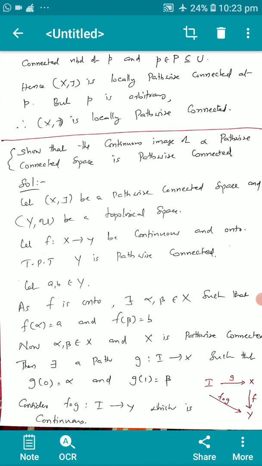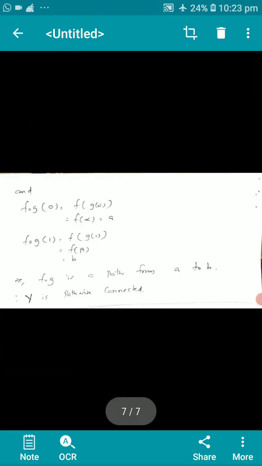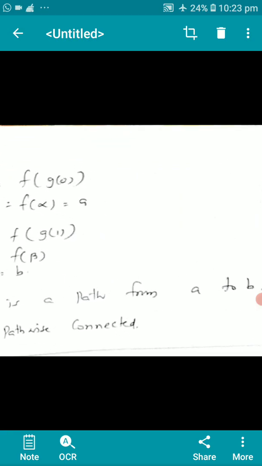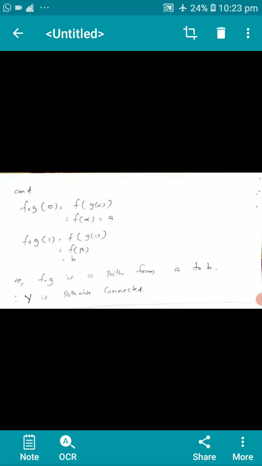Consider f composite g from I to Y, which is continuous, and f composite g of 0 equals f of g of 0, that is f of alpha, which is equal to a. f composite g of 1 equals f of g of 1, that is f of beta, which is equal to b. That is, f composite g is a path from a to b, so we conclude that capital Y is path connected.